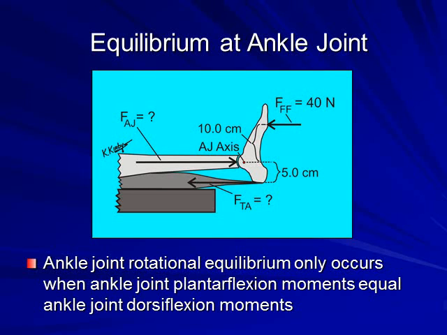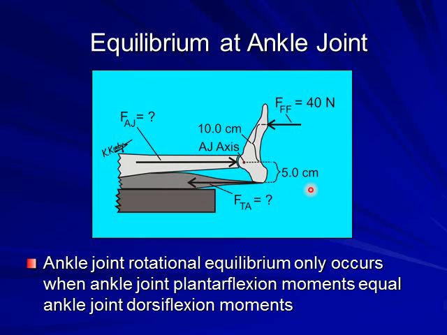So, when we push with 40 newtons of force, which is about 10 pounds, underneath the bottom of the forefoot, across a 10 centimeter moment arm, can we then calculate what the force in the Achilles tendon is, assuming the Achilles tendon is the only muscle that's active with contraction or even with passive tension in the series elastic elements of the gastrocnemius soleus muscle?